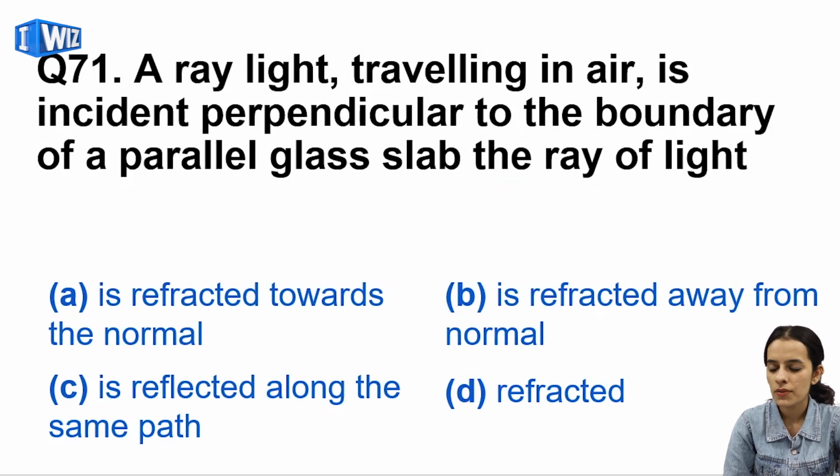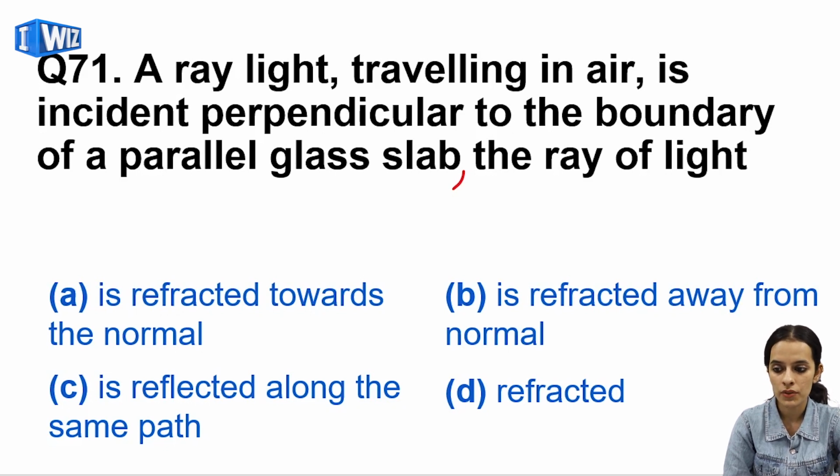Next, a ray of light traveling in air is incident perpendicular to the boundary of a parallel glass slab. What will happen to the ray of light after it is incident perpendicular? Is it refracted towards the normal?